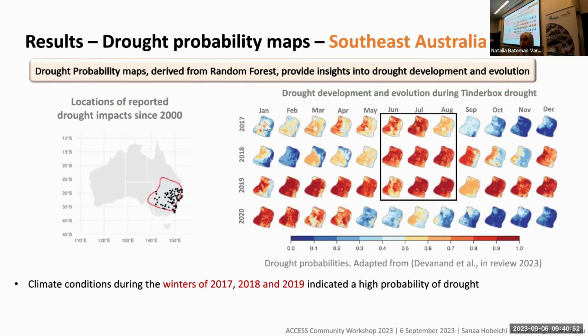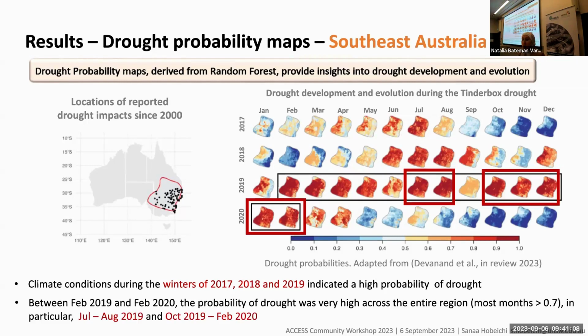And on the right we see the drought probabilities from 2017 to 2020. So we can see that the climate conditions during the 3 winters from 2017 to 2019 indicated a high probability of drought. And we also found that between February 2019 and February 2020, the probability of drought was very high, in particular in the times where we had bushfires.